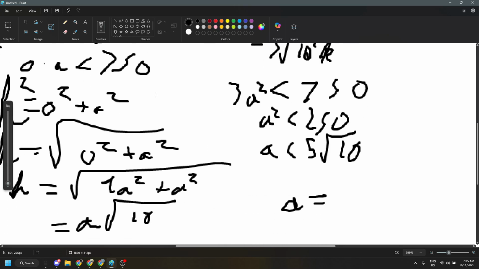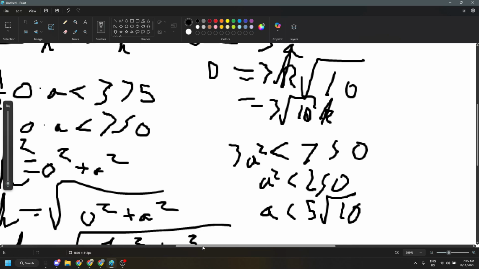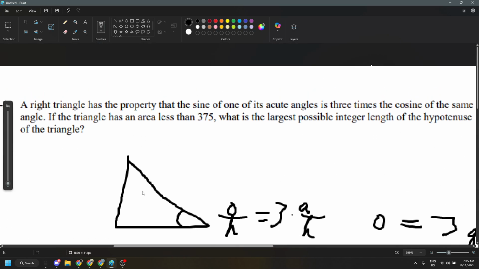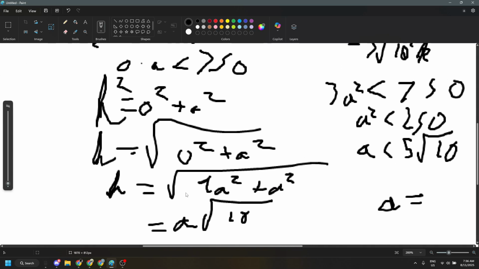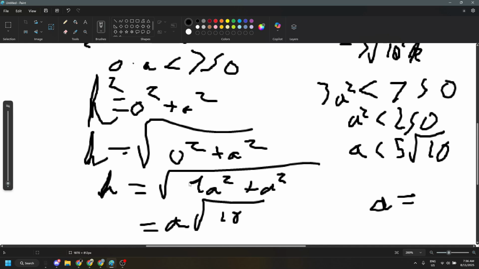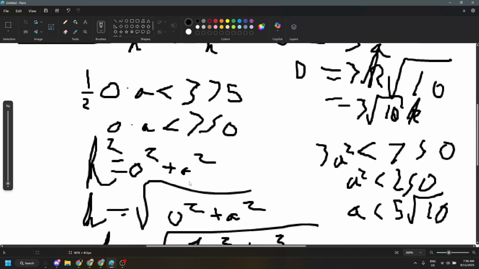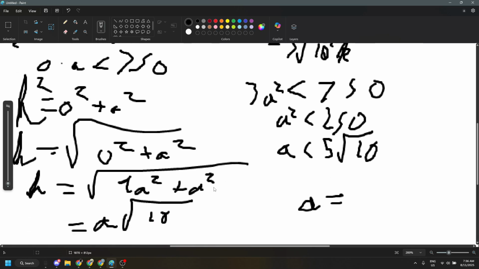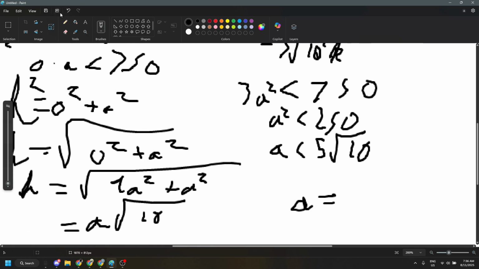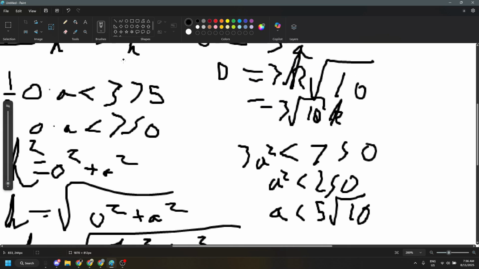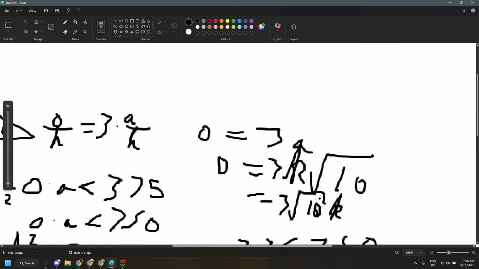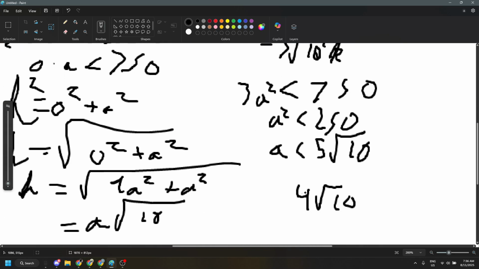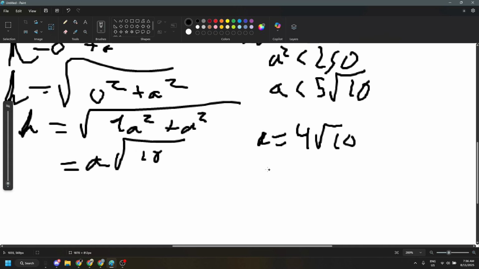Now I need the largest length of the hypotenuse. Let's say A is 4 root 10. Then O is equal to 12 root 10.